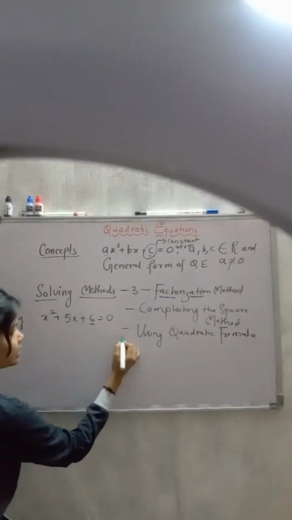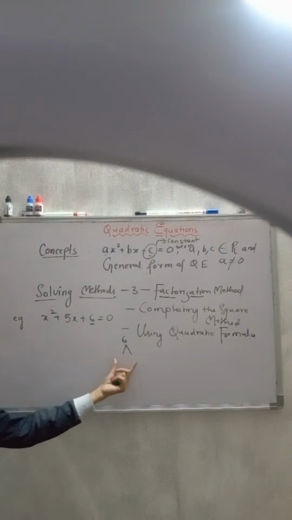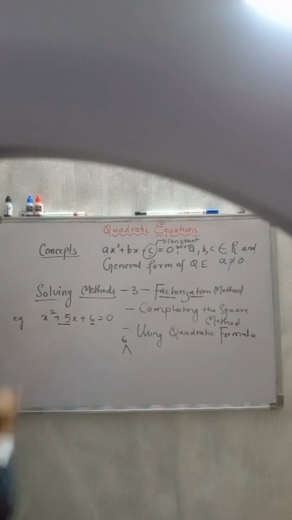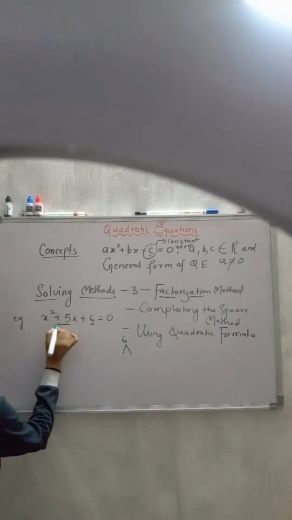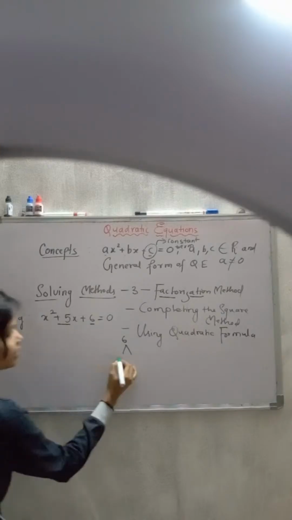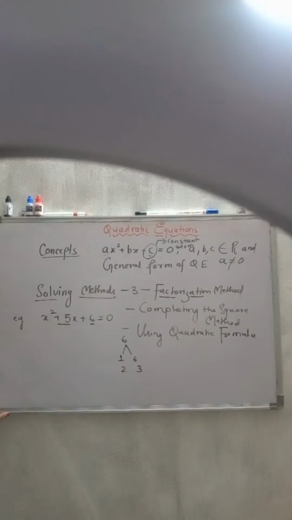We factorize this 6 such that the sum or difference of the factors is the coefficient of x. Okay, now coefficient of x is plus 5. We want plus 5. So factors of 6 are 1 and 6, 2 and 3. These two are the factors which give the number 5.